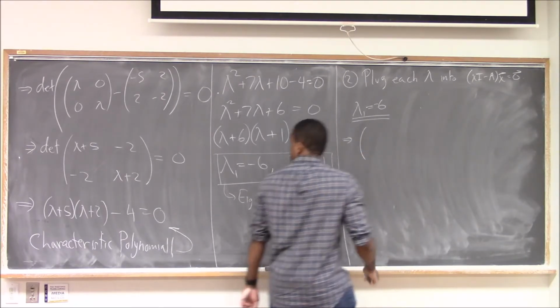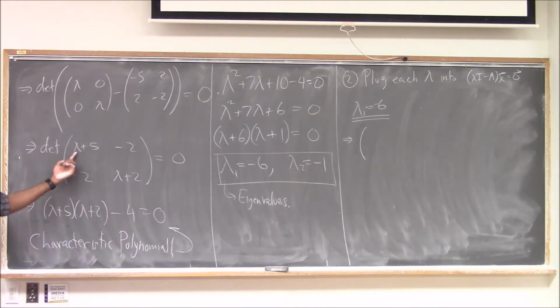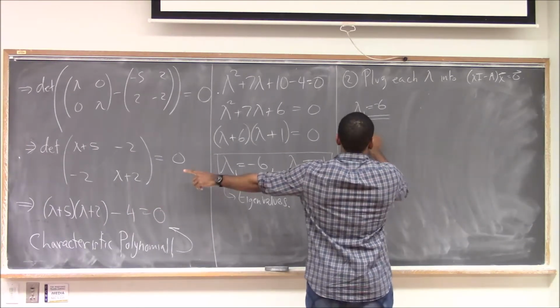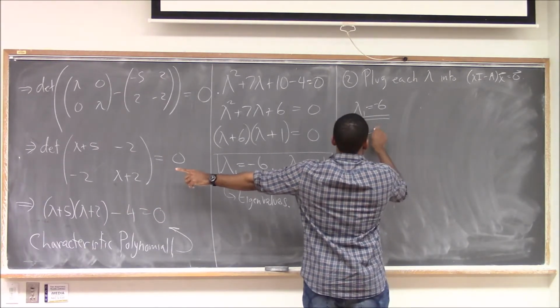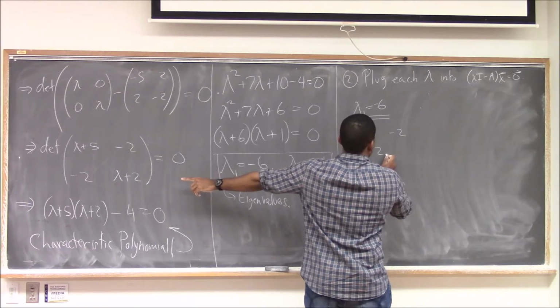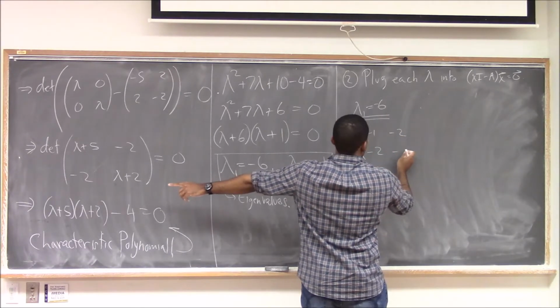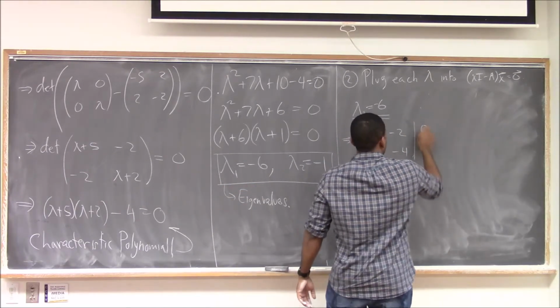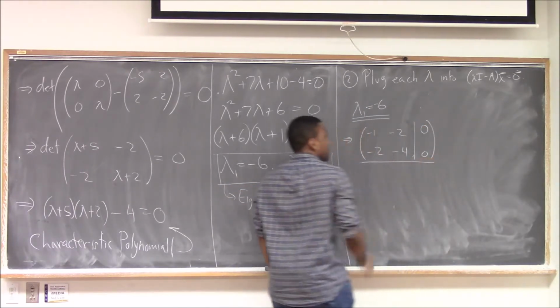So what's my matrix going to look like? I'm going to plug in negative 6 here, and that's going to be my matrix. That means I want minus 1, minus 2, minus 2, minus 4. I'm going to solve that system for 0.